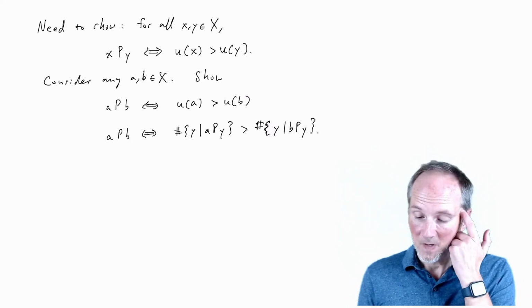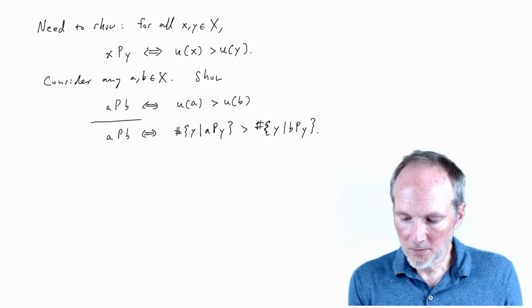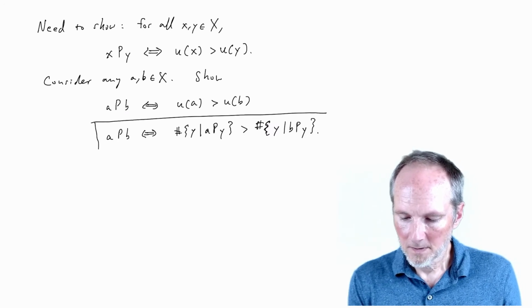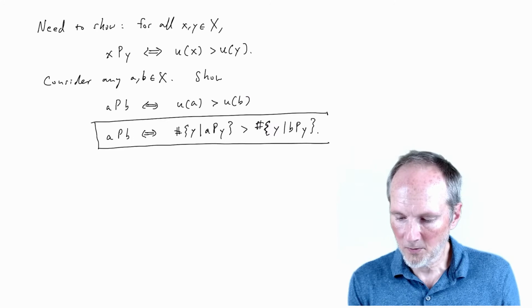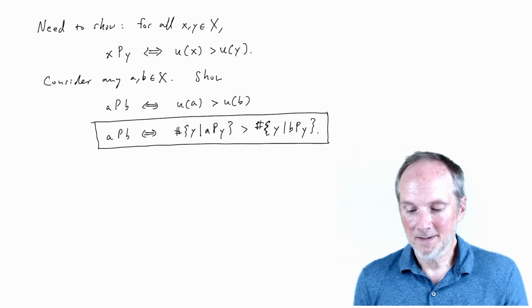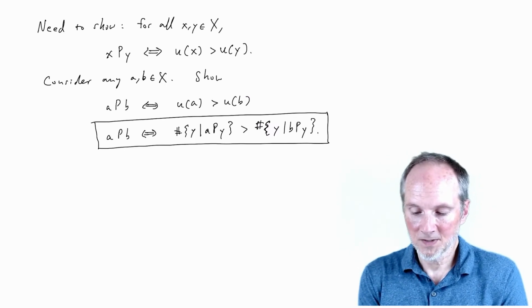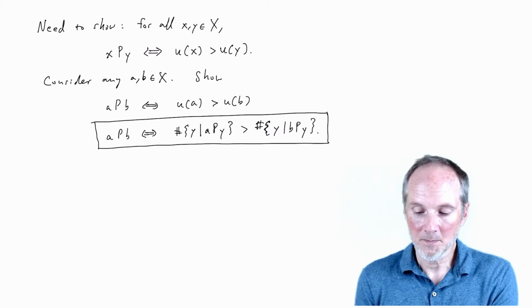All right, so I have my two alternatives, A and B. I need to show that this property holds, okay? Notice here we have again a biconditional statement that you can think of as just two conditional statements, a right to left and a left to right.